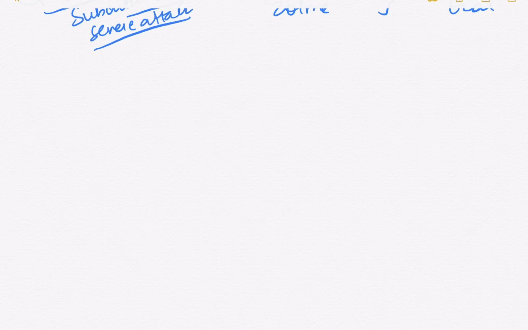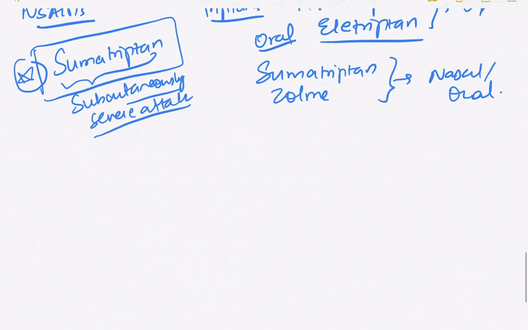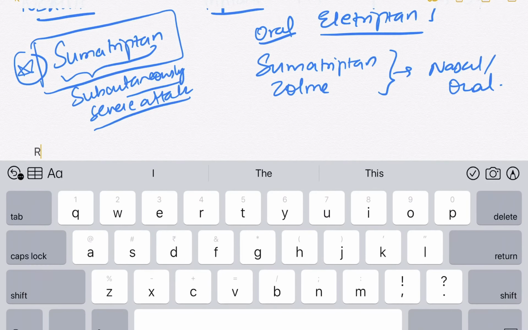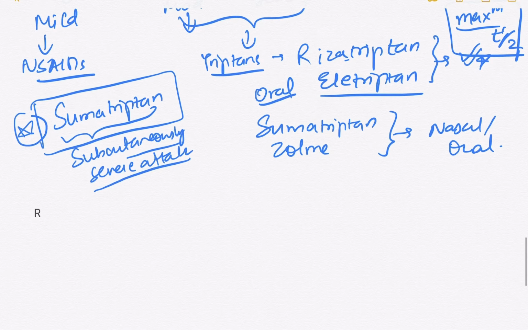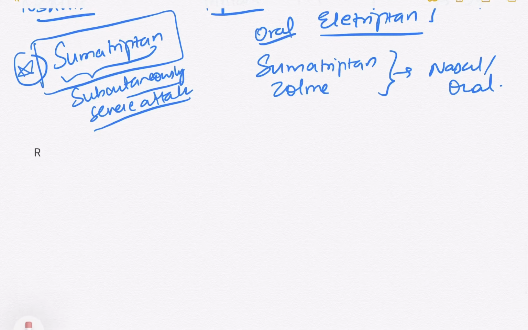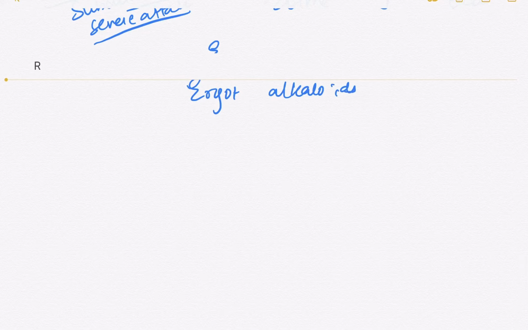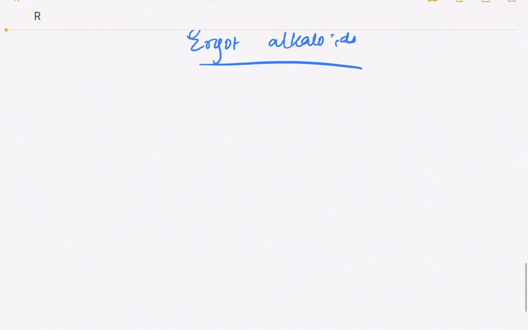Now another option, if we don't want to use, or if we cannot use triptan, then another thing that we can use is ergot alkaloids. Okay, so ergot alkaloids can be used.